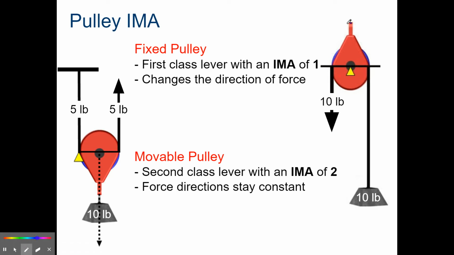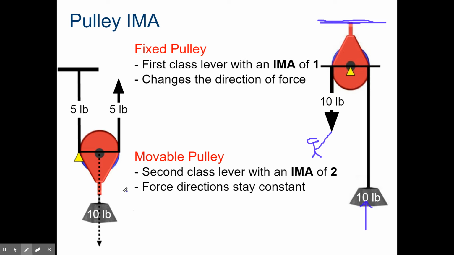It doesn't move. There is a ceiling here and that pulley's attached. We're trying to lift this 10-pound weight off the ground. We are pulling really long arms down to lift this force up. That's a fixed pulley. To figure out the IMA for this fixed pulley, no math, it's 1. It's automatically 1.